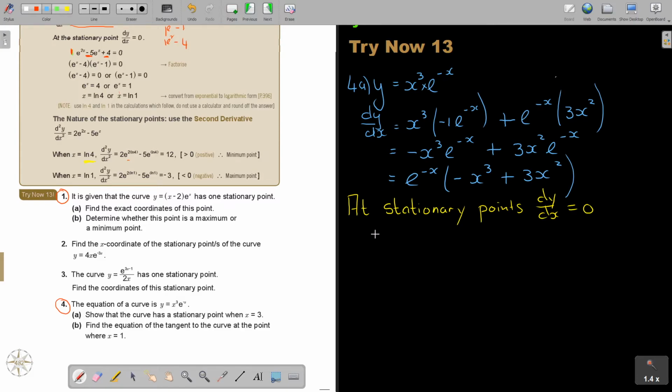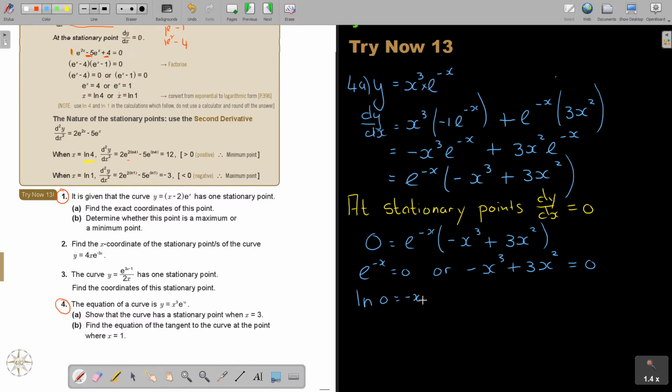So I put a 0 there, and I have e^(-x)(-x³ + 3x²). So it's going to be e^(-x) equals 0, or negative x³ plus 3x² is equal to 0. If I take ln, as soon as you go to ln 0 equals negative x, it is therefore undefined.